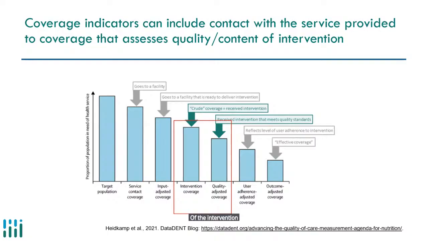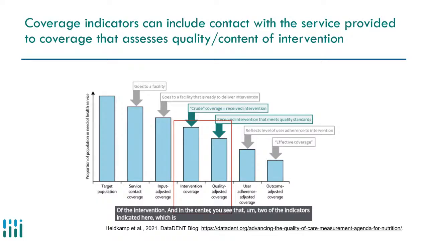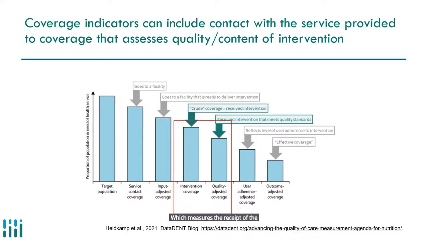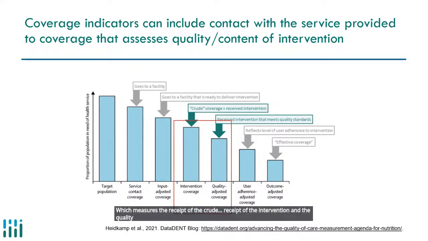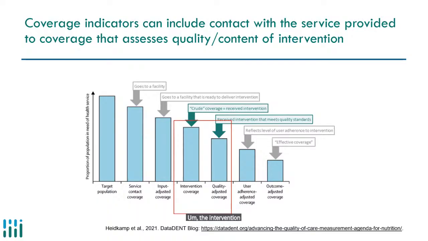In the center, you see two of the indicators boxed in red: the intervention coverage, which measures the receipt of the intervention, and the quality adjusted coverage indicator, which is the intervention receipt at the quality or recommended standards. And so really, we are most concerned about achieving good, solid measures and indicators around intervention coverage and quality adjusted coverage. Next slide.